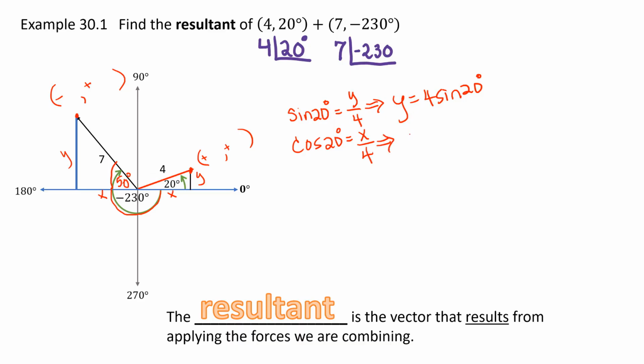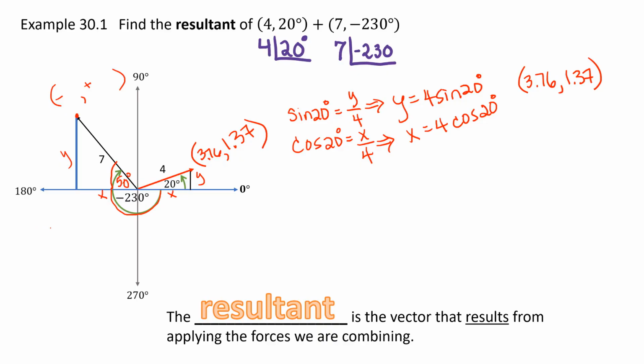And if you multiply both sides by 4, you get x equals 4 cosine 20 degrees. All right, so we can now punch those values into our calculator. The y-coordinate is going to be 1.37, and x is going to be about 3.76. And so that is going to be that point. So I'm just going to write it over here, 3.76 and 1.37.